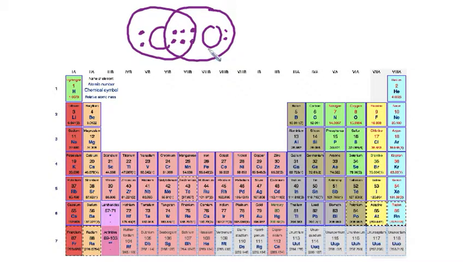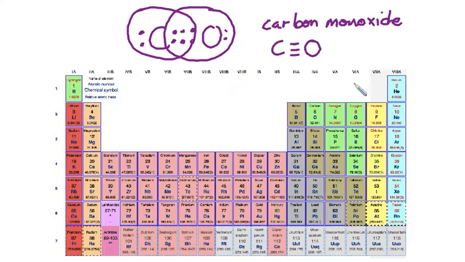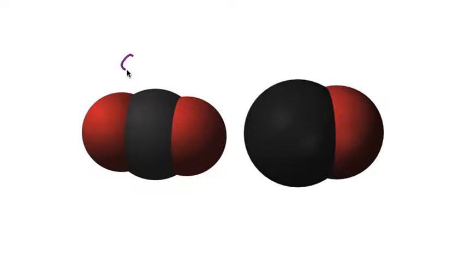And if you count them up, each circle has 8 electrons inside of it. This is carbon monoxide, CO, and you can also write it like this. So here are space-filling models of the CO2 and the CO.